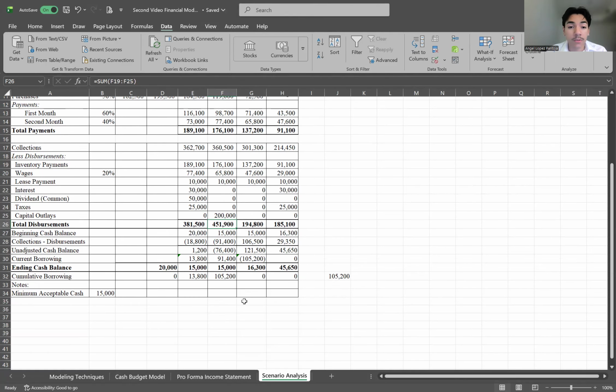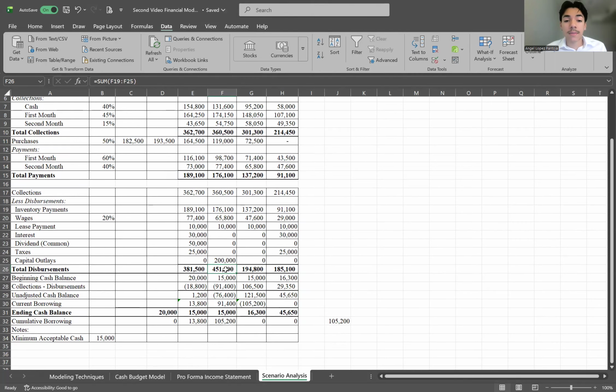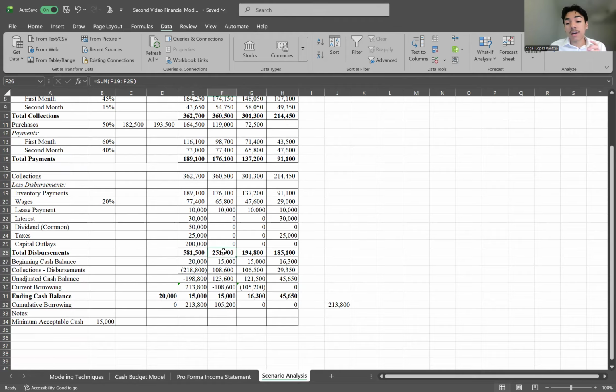But here we are talking about the expenditures. So the timing of when we purchase different expenditures will change the amount that a company actually needs. Here we do have 200,000 in July. Now, if we were to change this to June, we have to change this to zero. This is doing it manually, which can potentially create errors.